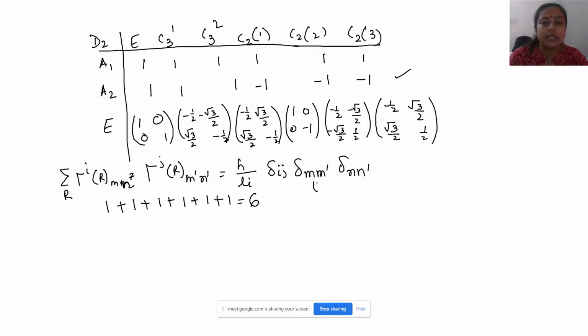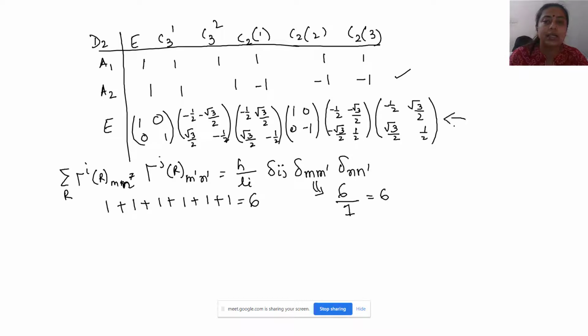Now if I consider this one, h by l_i, the order of the group is h, the irreducible representation that I am talking about has dimension 1, and here i equal to j, m equal to m prime, n equal to n prime. So this is entirely coming to be the 6. So this is satisfied.